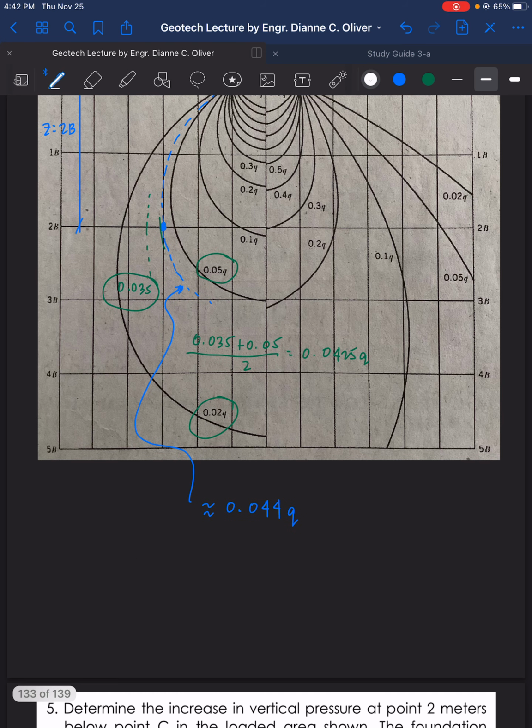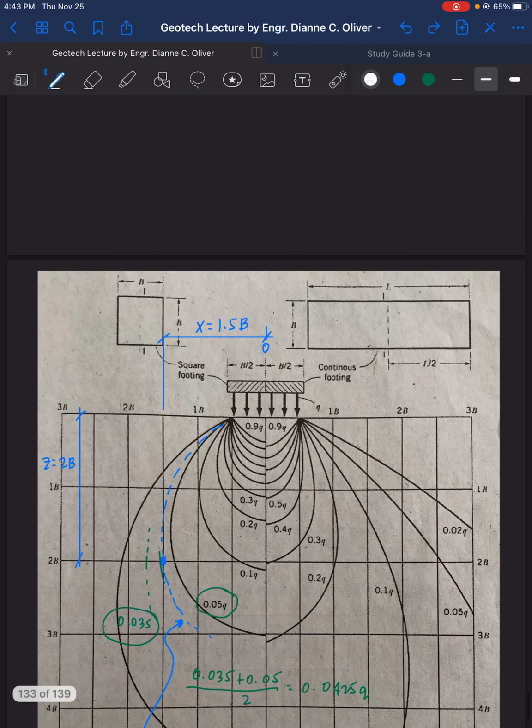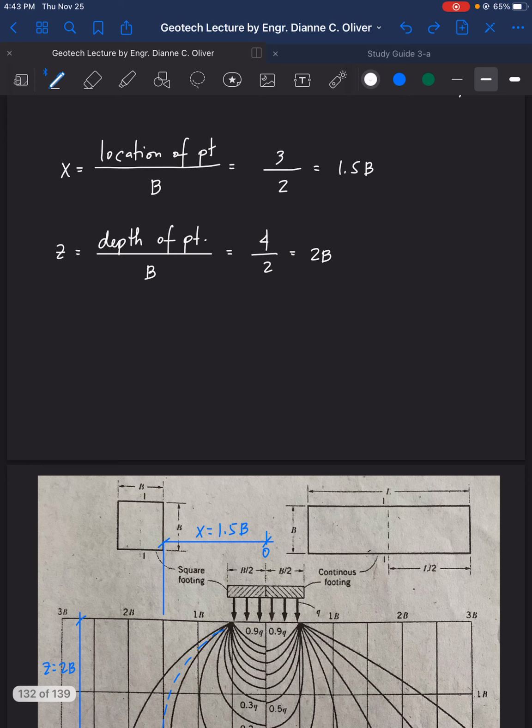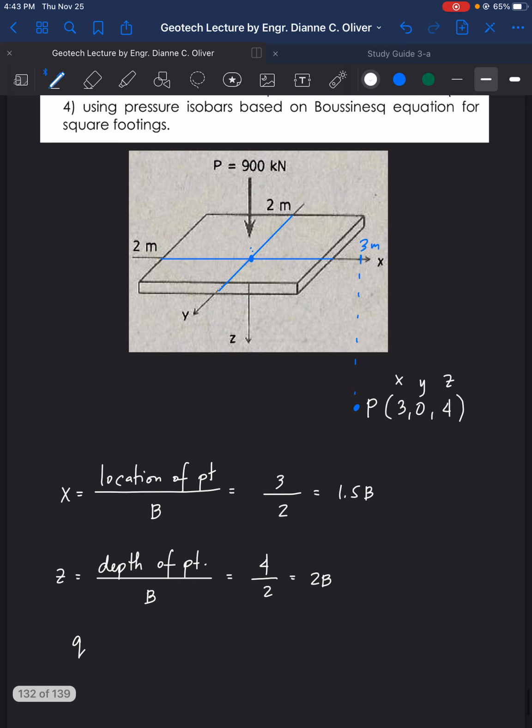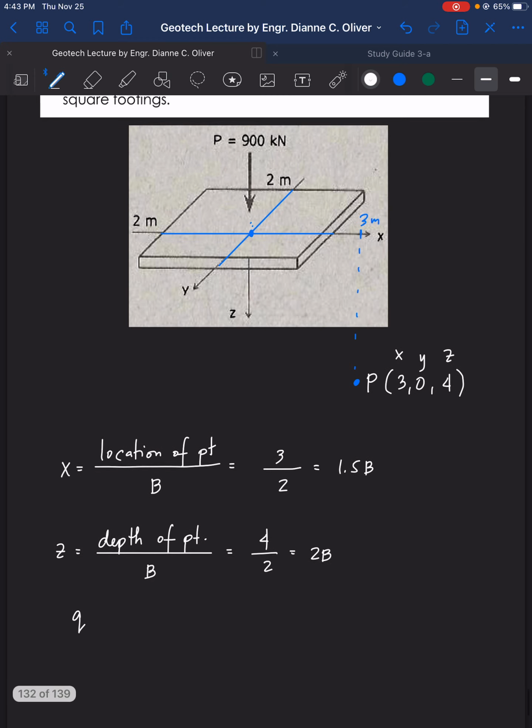Okay, therefore, our delta P is now equal to 0.044Q. Where it's a different problem, so what is Q here? It's 900 kilonewton.